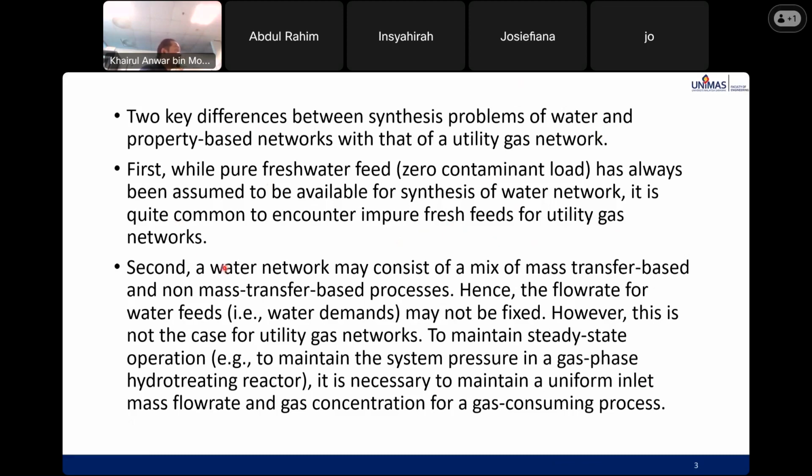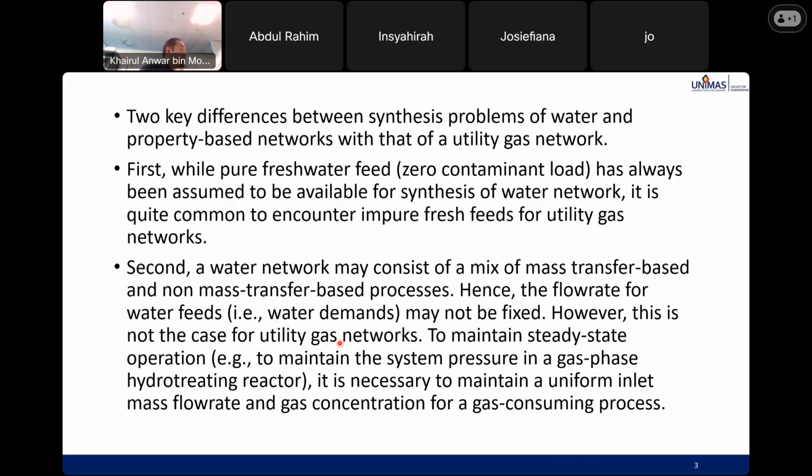Second, water network may consist of a mix of mass transfer based and non-mass transfer based processes. Hence, the flow rate for water feeds, the demand, may not be fixed. However, this is not the case for utility gas network. Why?